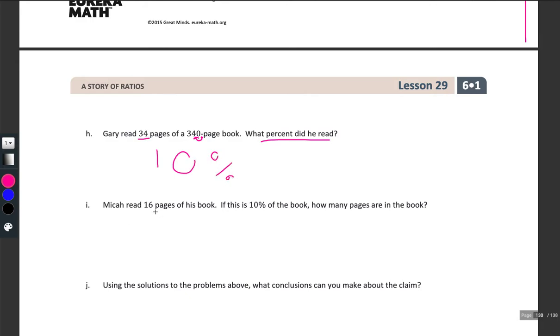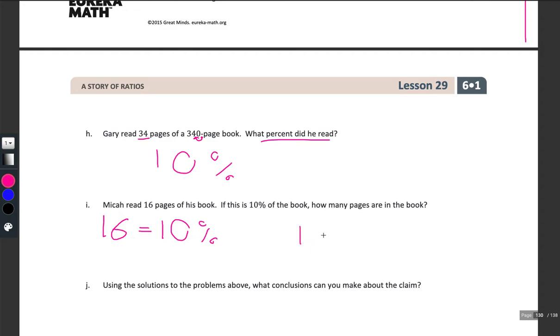Micah read 16 pages of his book. If this is 10% of the book, how many pages are in the book? Now this one is just the opposite, because it's saying that 16 pages is equal to 10%. So this one is not finding 10%, this is 10%. How you get from 10% to 100%, you multiply by 10.